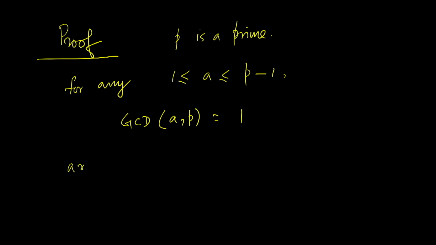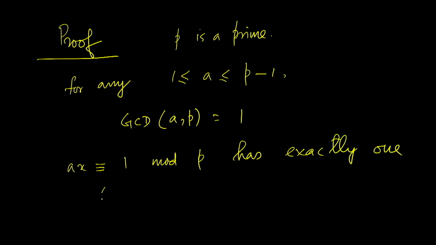So Ax equals 1 mod P has exactly one solution in the interval 0 to P minus 1. This is what we have just seen in theorem 1. Ax equal to 1 mod P has exactly one solution.